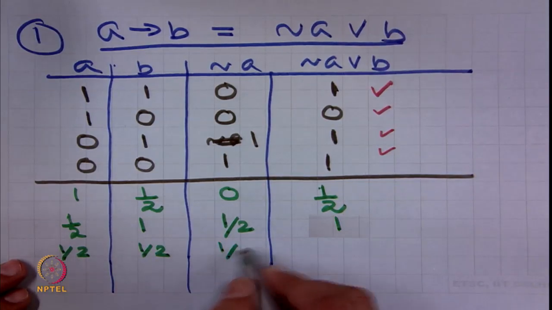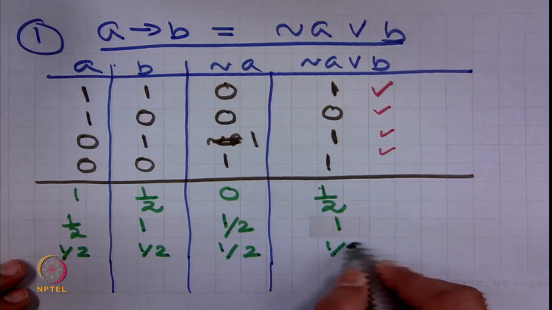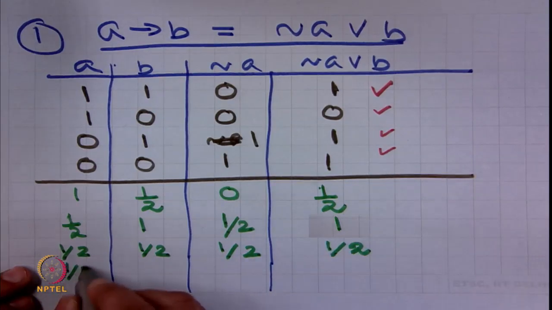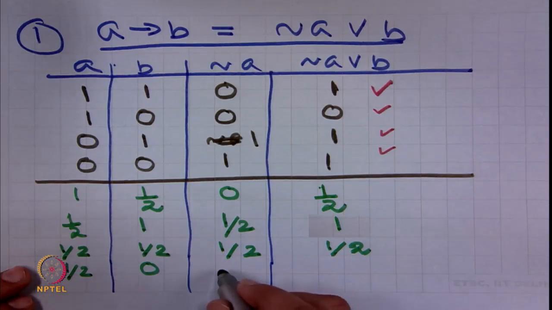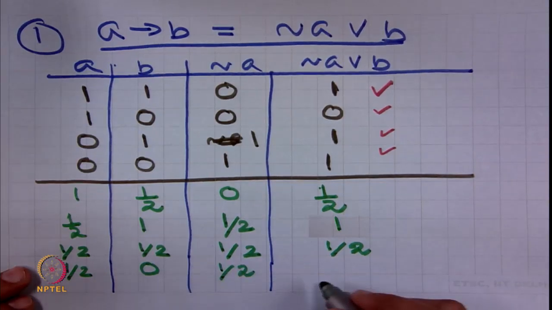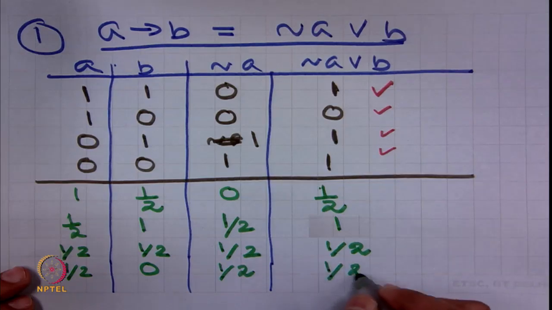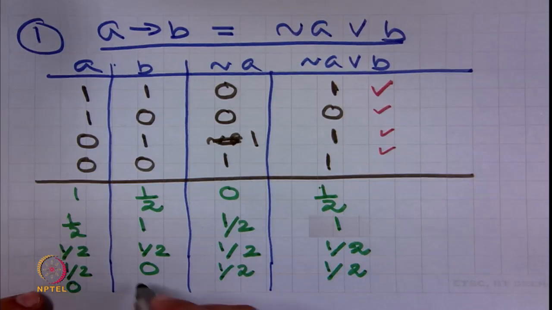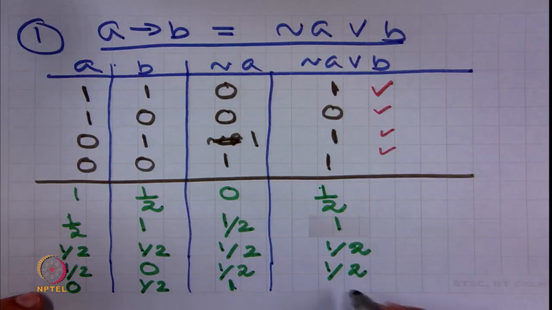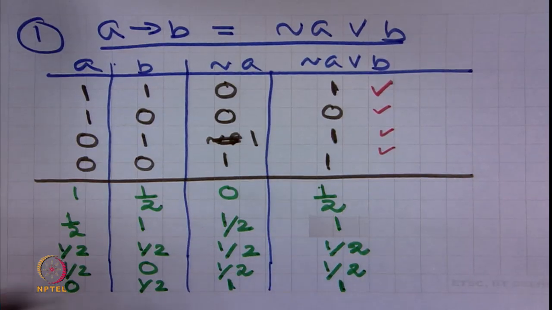Therefore, this is also half, and half, half and 0 we get half, and therefore, this is also half, and 0 and half, this is 1. Therefore, taking maximum we get 1. So, these are the 5 values that we obtain for these 5 pairs of truth values A and B.